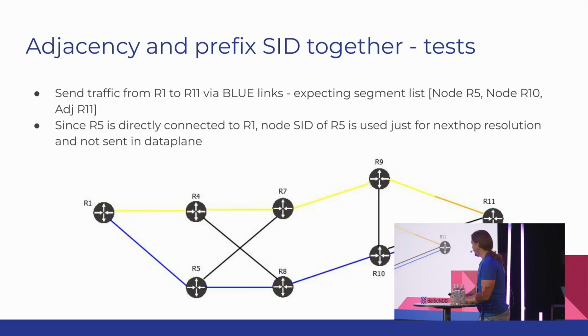So the routers or controllers that calculate the segment list need to not only recognize the global adjacency SID, they also need to add the index to the segment routing global block. So it needs to distinguish between local and global segments and interpret them correctly.